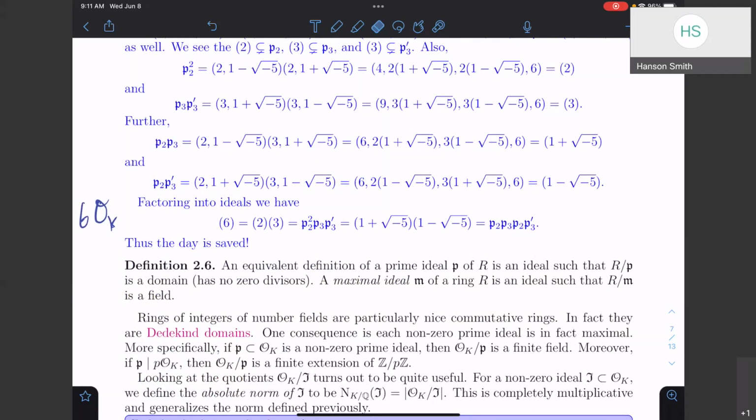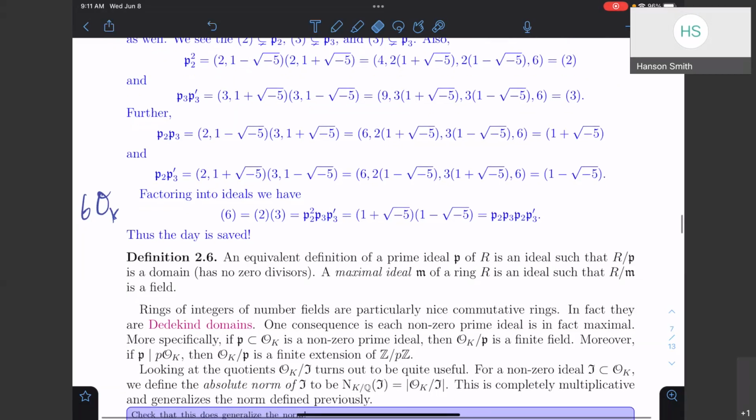It's a fact that I can't remember how to prove off the top of my head, but a useful one to know that every ideal, I'm not sure if I can say in a Dedekind domain, or at least in a ring of integers, is generated by 2 elements. So it might not be principal, but at worst, I'm generated by 2 elements. So that's one of those useful things. Can't remember how to prove it off the top of my head, but it's a good thing to have in the back of your pocket when you're doing some computations with algebraic number theory.